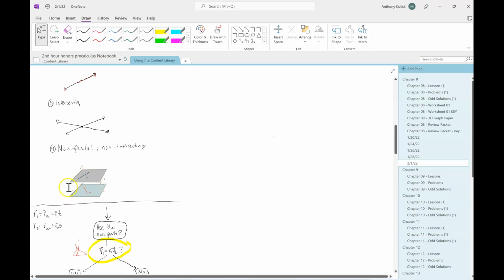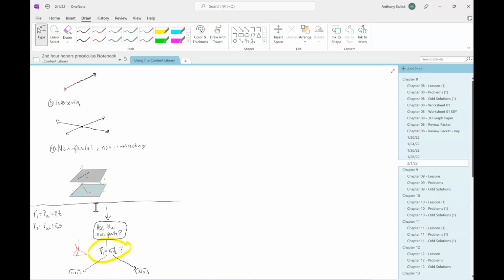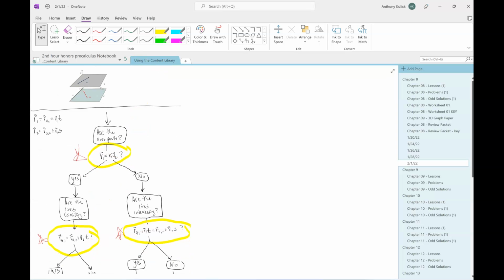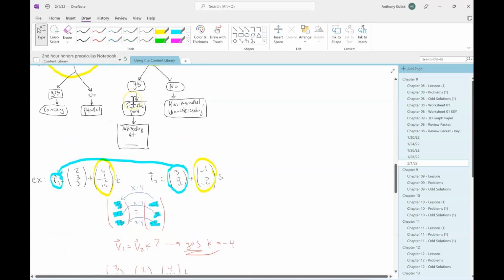The 2 lines are in 2 different planes but aren't parallel. There's no plane in common between the 2 lines that we've drawn here. So that little flow chart tells us the decisions that we need to make and the things that we need to check.